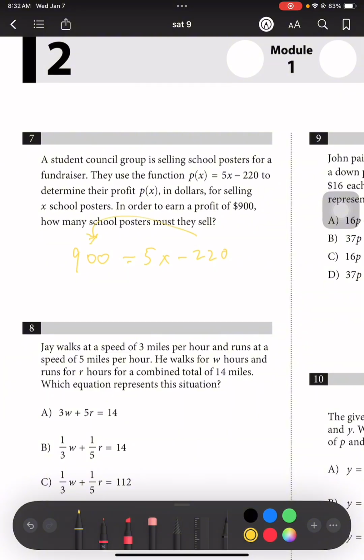By adding 220, you get 1,120. Then 5x, divide it by 5. Okay, x should equal this divided by 5. About 224. 200, that's 1,000.